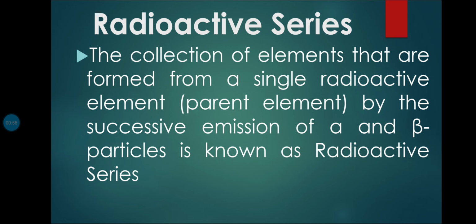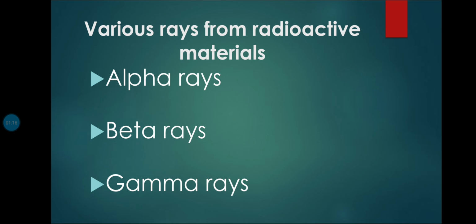Radioactive series: the collection of elements that are formed from a single radioactive element, that is from the parent element, by the successive emission of alpha and beta particles, is known as a radioactive series.